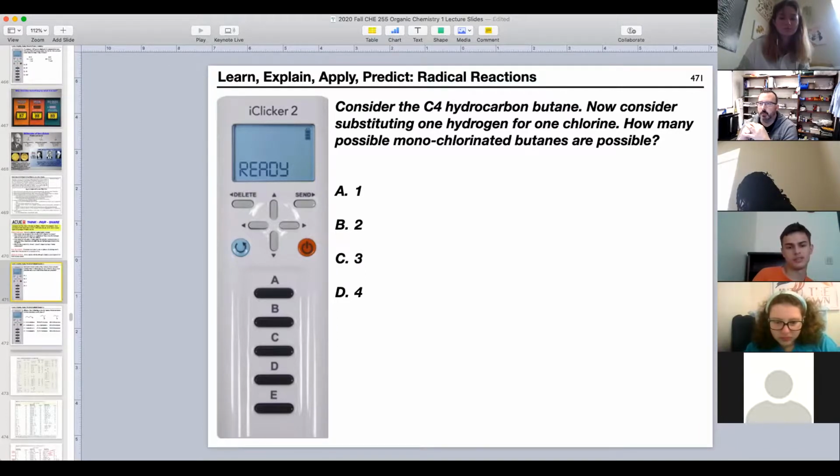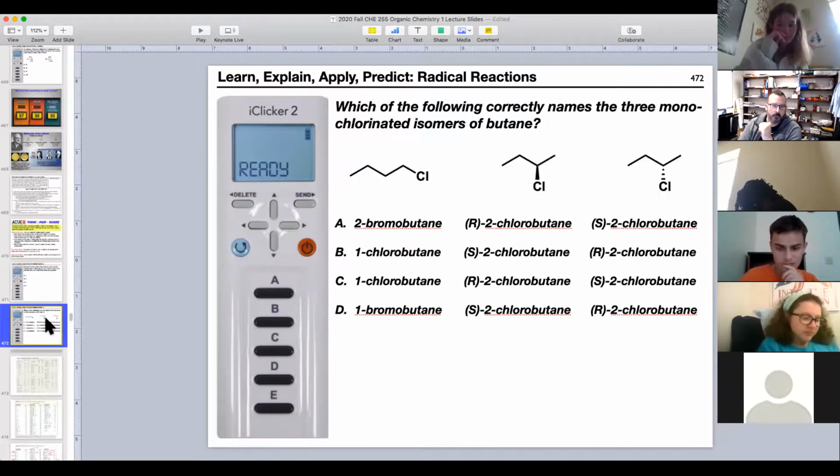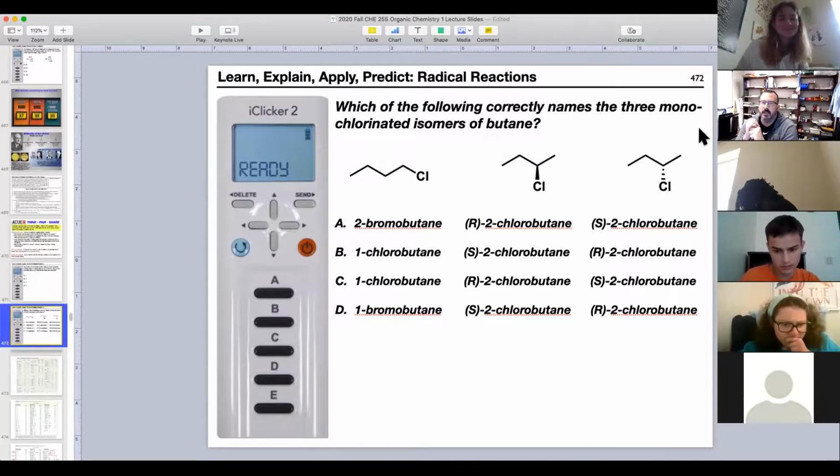What is special about 2-chlorobutane? So consider the next thing. I know we're a little bit out of time, but which of the following correctly names the 3 monochlorinated isomers of butane?